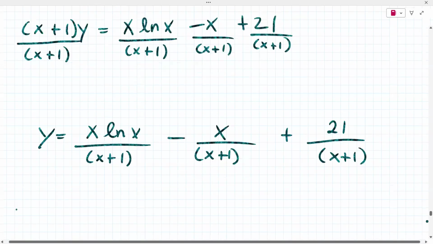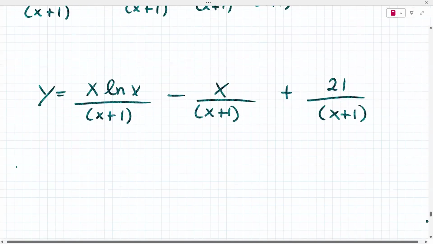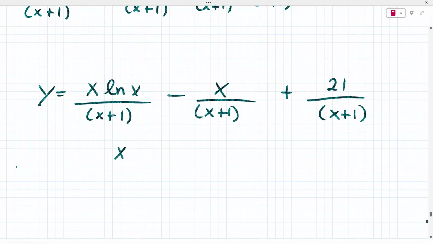And because it's like a rational function, our interval, where is it continuous? Everywhere except -1. Because if you set the bottom to 0 and you solve for x, x can never equal -1. Or basically x must be greater than 0.